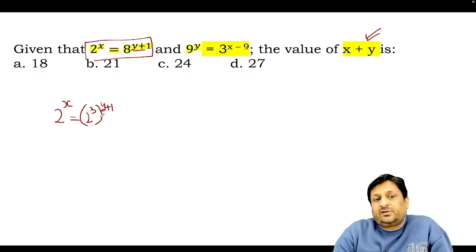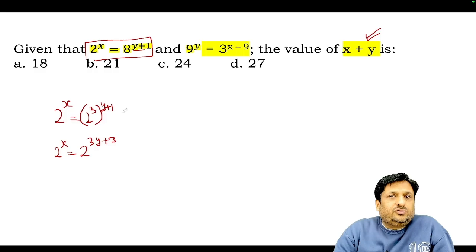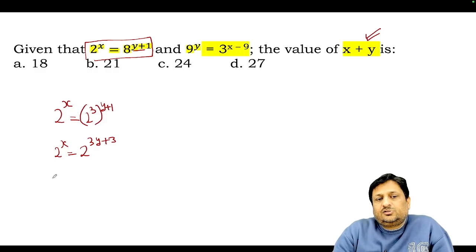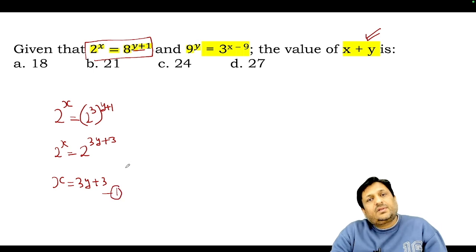So completely the power of this bracket is y plus 1. So 2 raised to the power x will give me 2 raised to the power 3y plus 3, because you know these powers get multiplied to each other when a bracket is attached. So from here I got the equation as x is equal to 3y plus 3. Okay, let's say this is equation number 1.